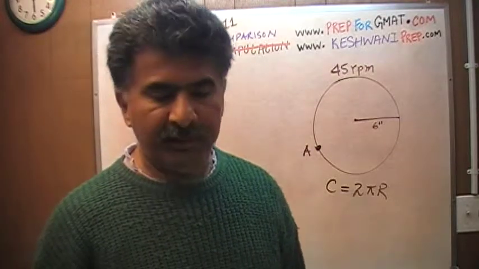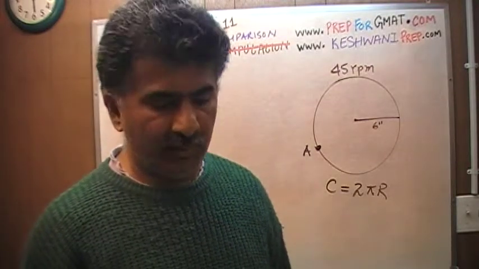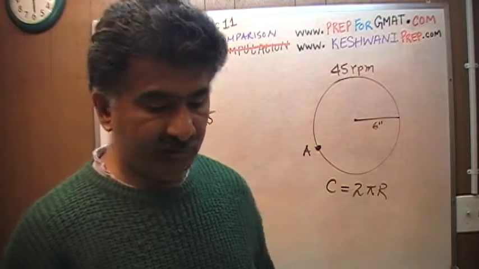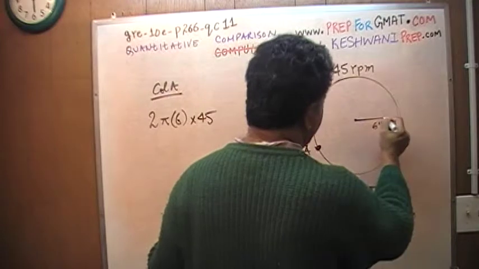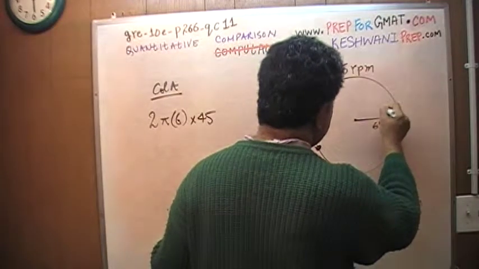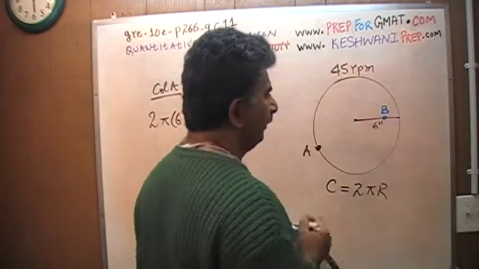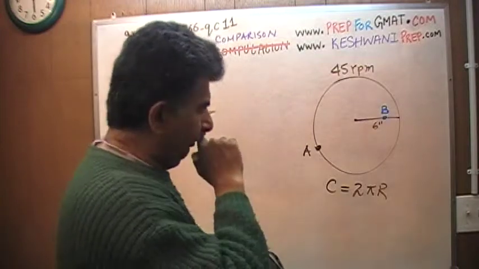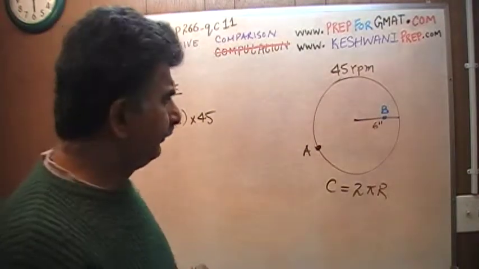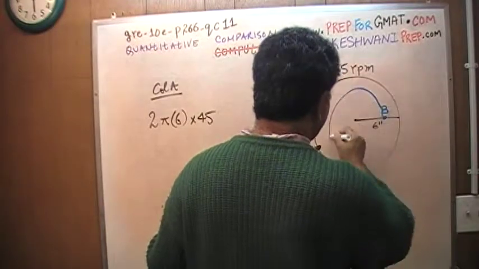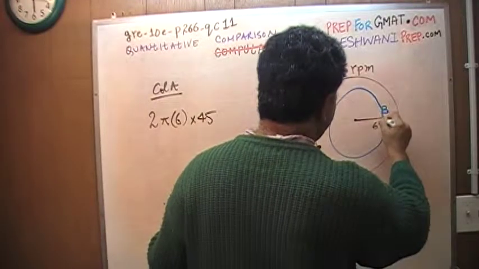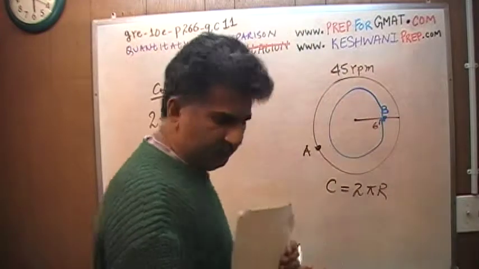Now we're being asked how much distance a point would travel that is only 5 inches from the center. Well, we're talking about a point like this. Excuse me. Well, in 1 revolution, it's going to travel this much. I shouldn't have put the 6 there.